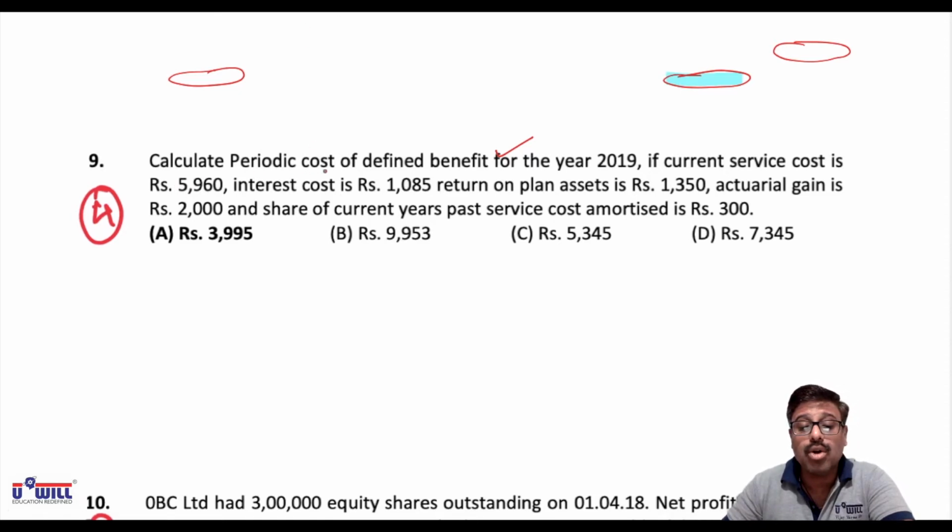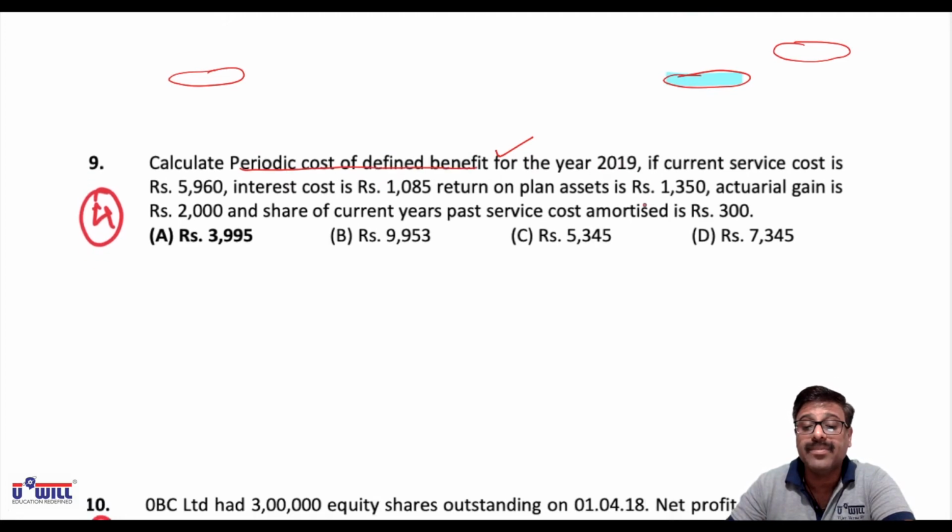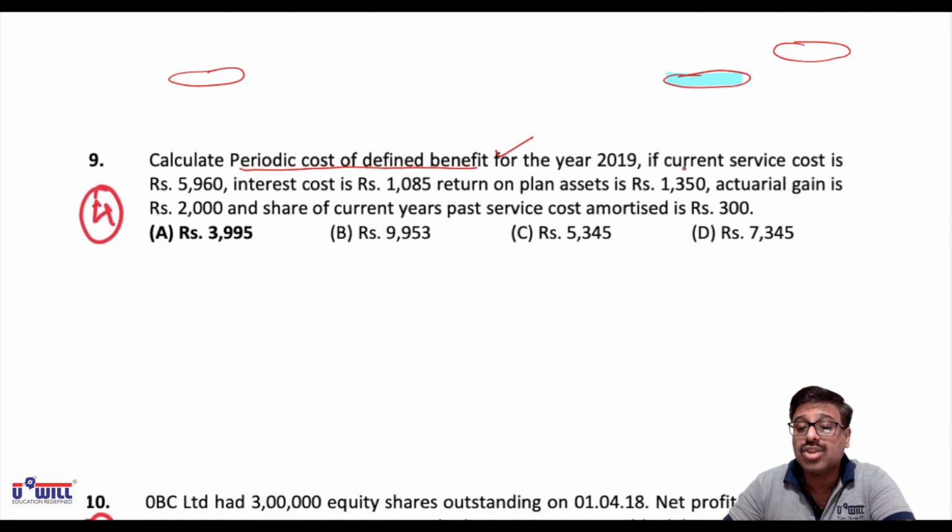Calculate periodic cost of defined benefit for the year 2019 if the current service cost is 5,960, interest cost is 1,085, return on plan assets is 1,350, actuarial gain is 2,000, and share of current year's past service cost amortized is 300.